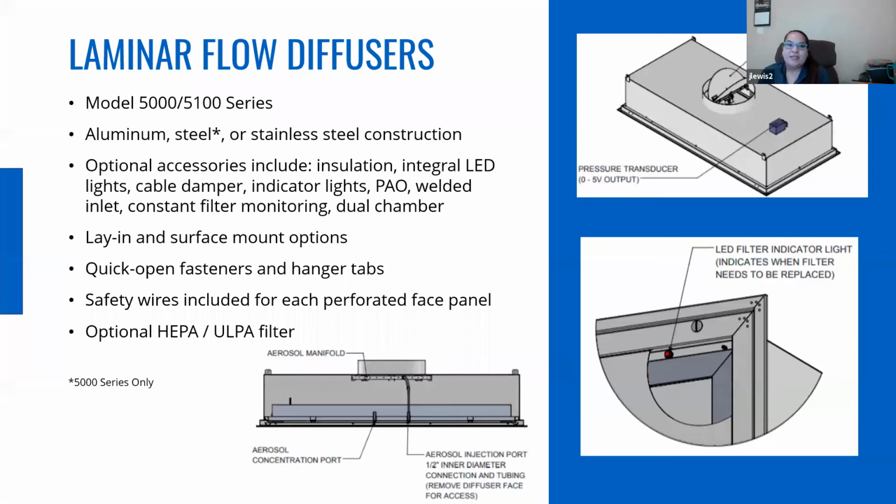So now more into the laminar diffusers. We have two models, the 5000 and 5100, and we can offer them in aluminum, steel only for the 5000, and stainless. The main difference between the two laminar diffusers is our 5100 has a lot more accessories available standard, such as insulation, LED lighting, and a cable operated damper.